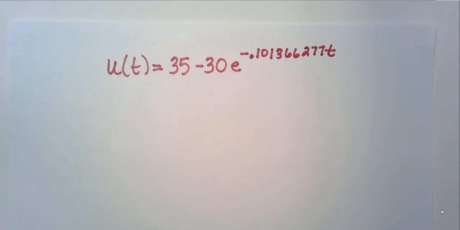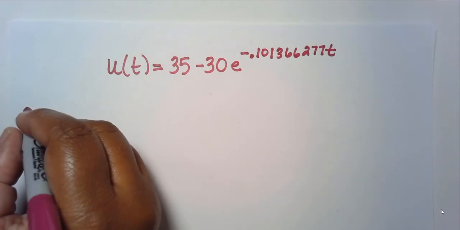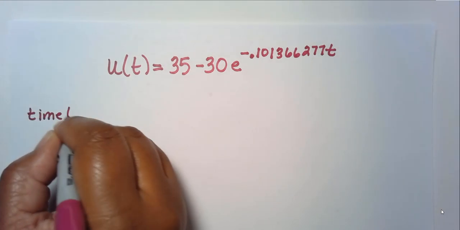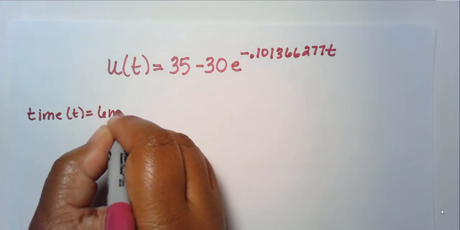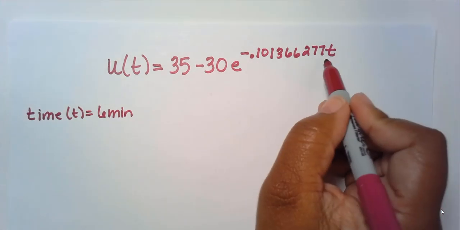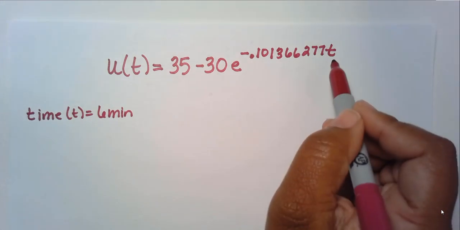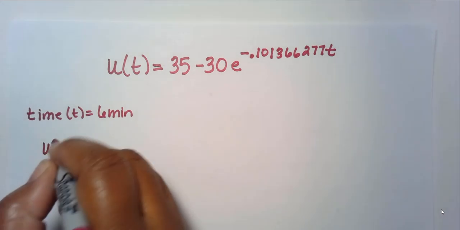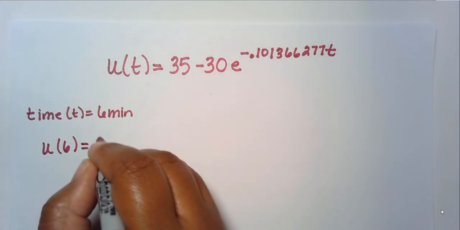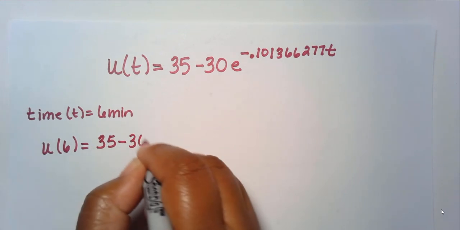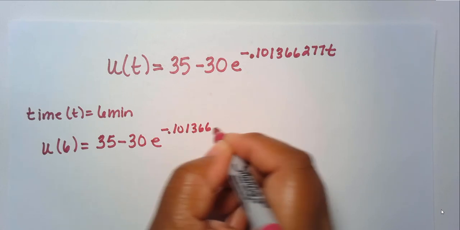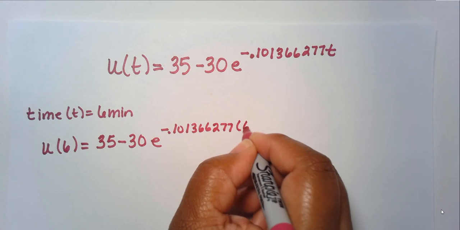After 6 minutes, the temperature will read, so 6 minutes will be our t. Let's plug 6 minutes in for t. We have 35 minus 30 e to the negative 0.101366277 times 6.